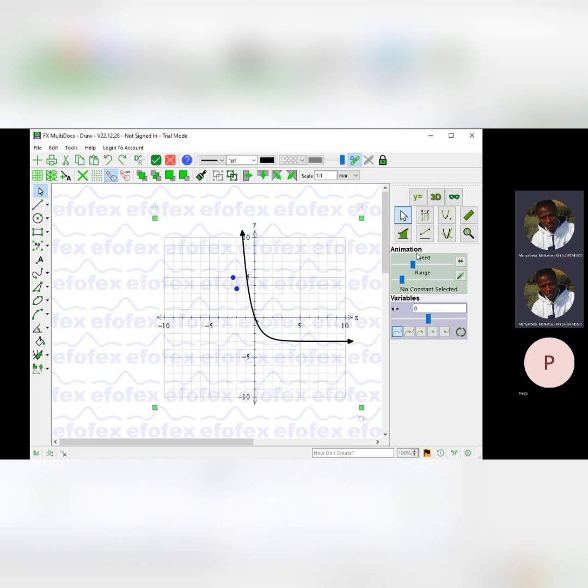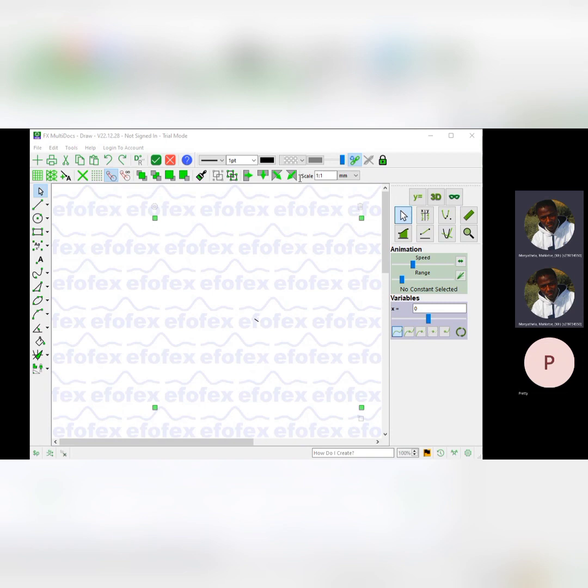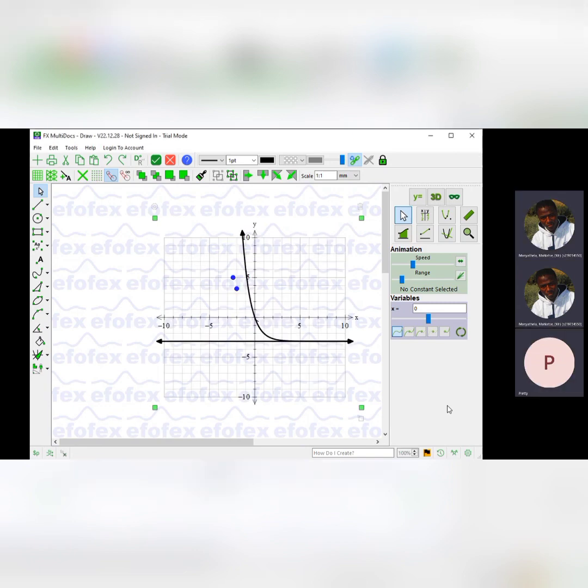Okay, let me try to add that horizontal line. Yeah, something like that, but it's supposed to be a dotted line. So you know that your graph is not supposed to touch this line.